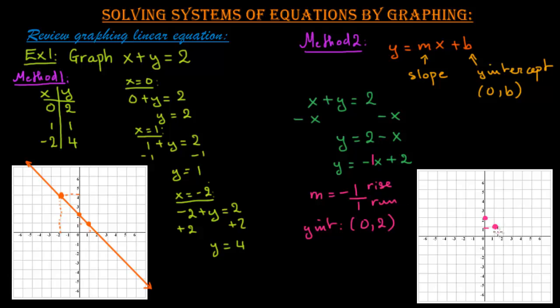That's my second point. You can go as many times as you want. They always give you a point that stays on the same line, what's called a collinear point. Connect these together and you will have the graph of the line.